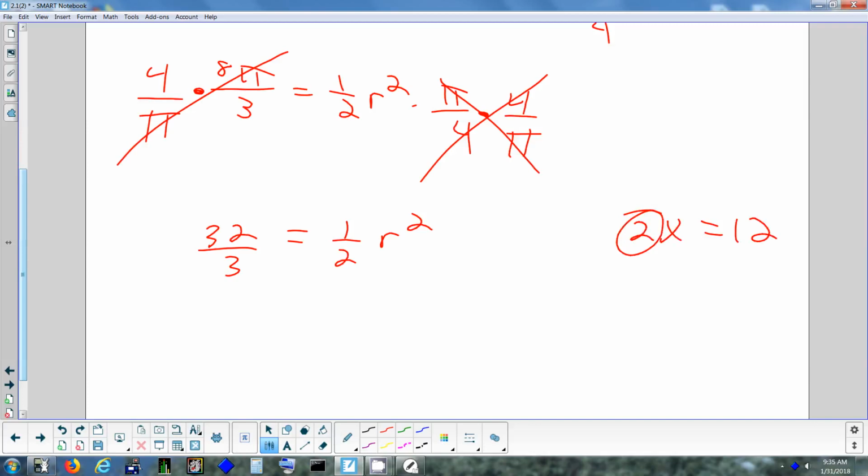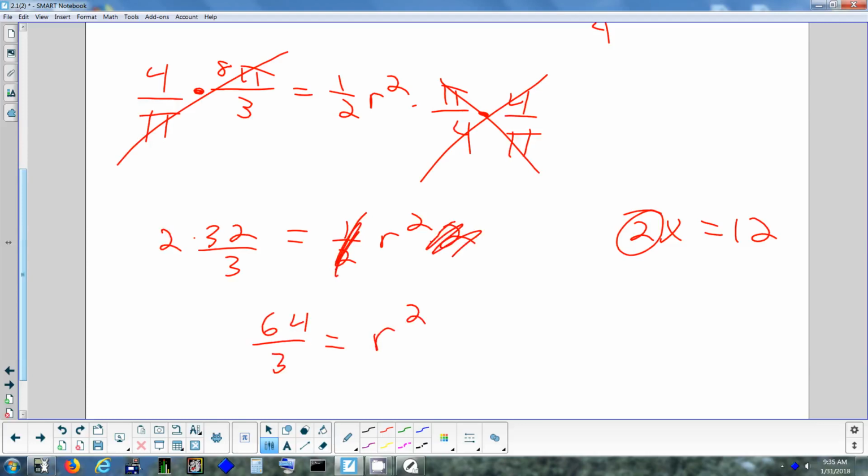So you divide, in this case, you would divide each side by a half, yep. Which dividing by a half is the same as multiplying each side by 2. I think it's easier, in this case, just to think about doubling that side, and then I don't have to deal with fractions. Okay, so now I'm left with 64 over 3 is my radius squared.